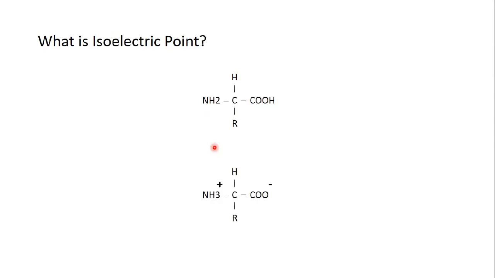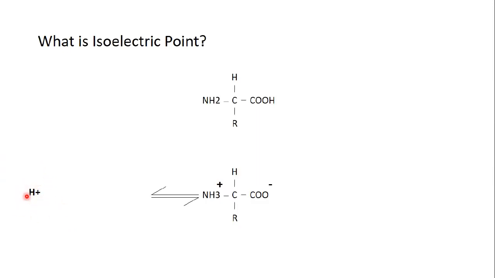The amino group and the carboxy group can be either ionized or deionized. So amino and carboxy group can be both protonated or deprotonated. So this is the amino acid. If we go to lower pH, in acidic pHs, we have a lot of hydrogen ions in the solution.